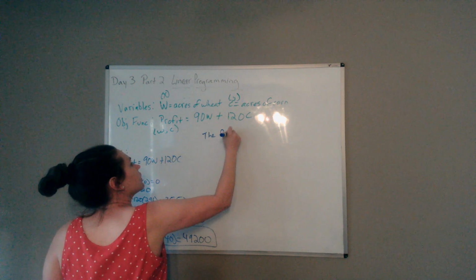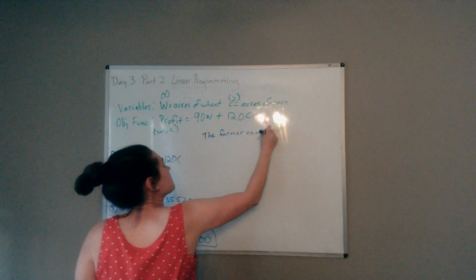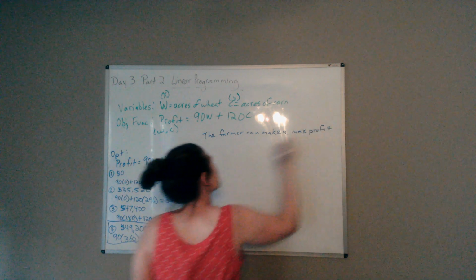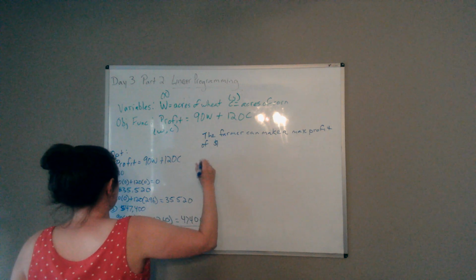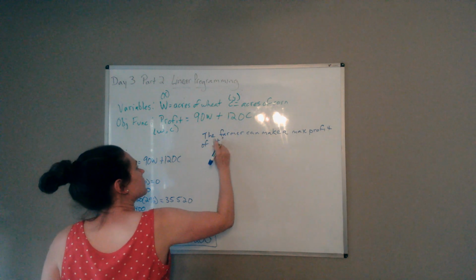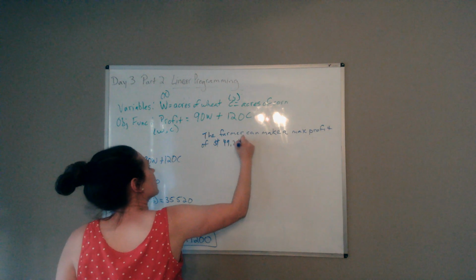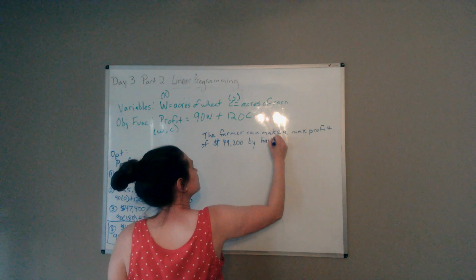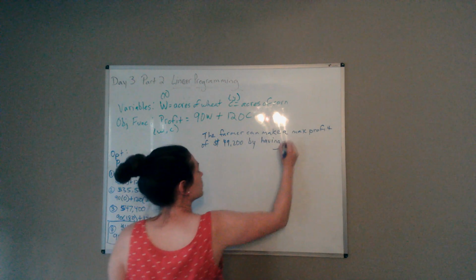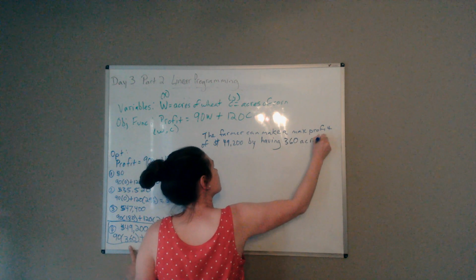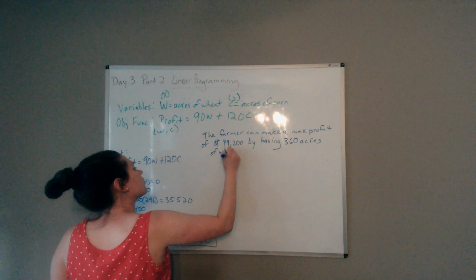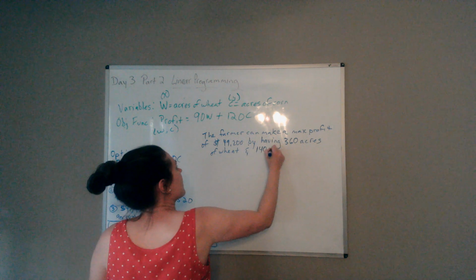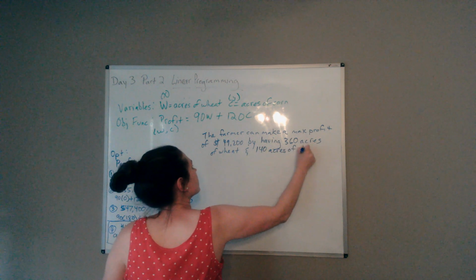The farmer can make a maximum profit, I'm just going to write max profit of $49,200 by having 360 acres of wheat and 140 acres of corn.